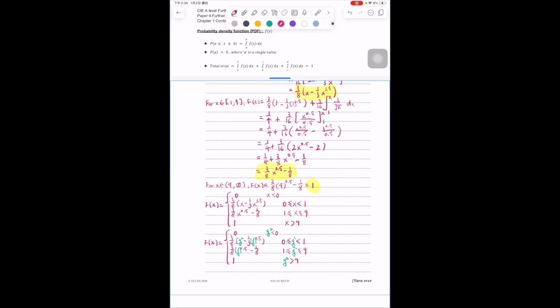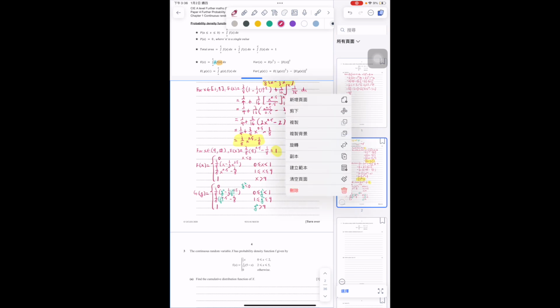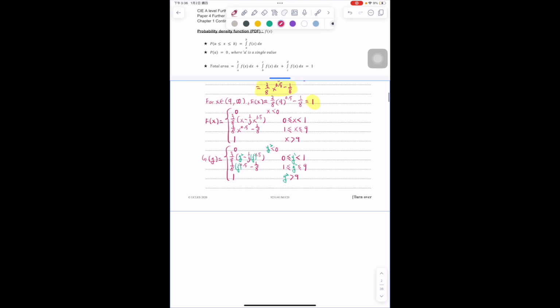that now we have our gy. So our gy is equal to 0 for y smaller than 0, and here we have 3 over x, y squared minus 1 over 3 y to the power of 1.5 times 2, so it is 3, and then we have 0, and then y, and then 1.